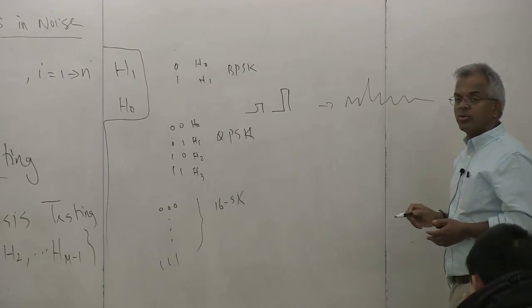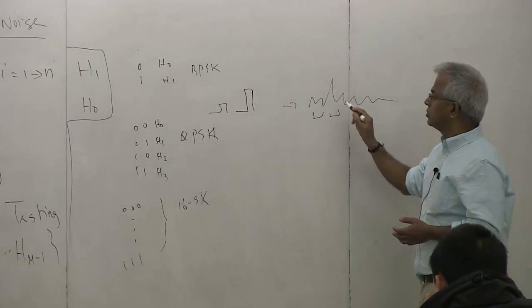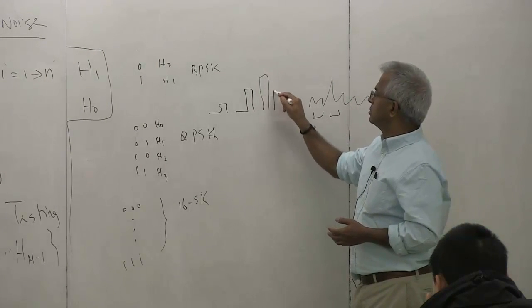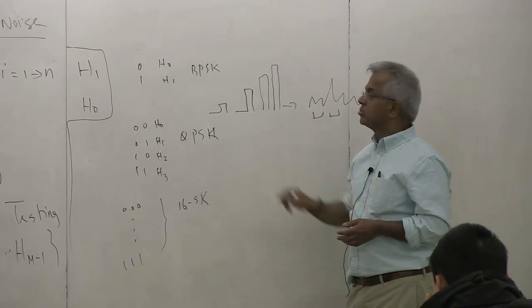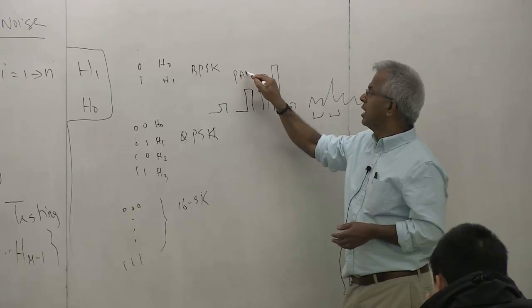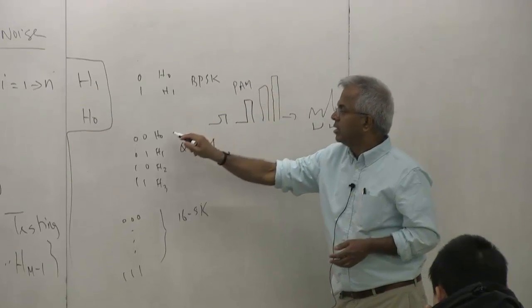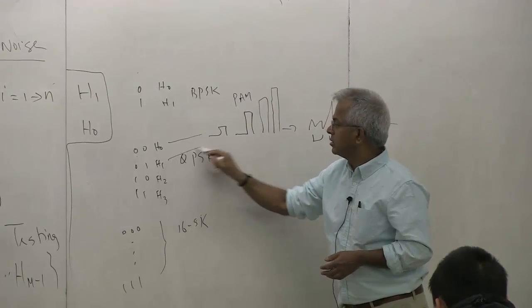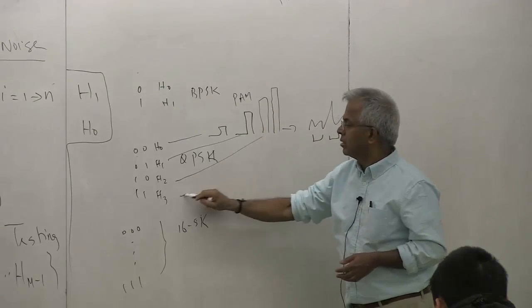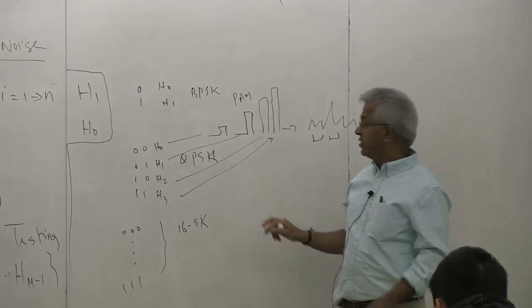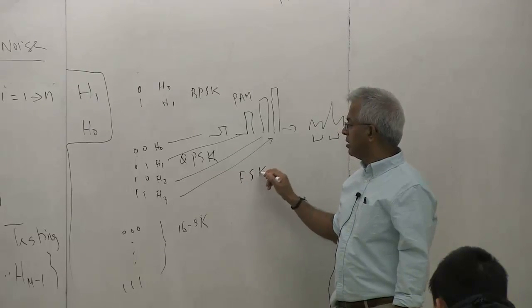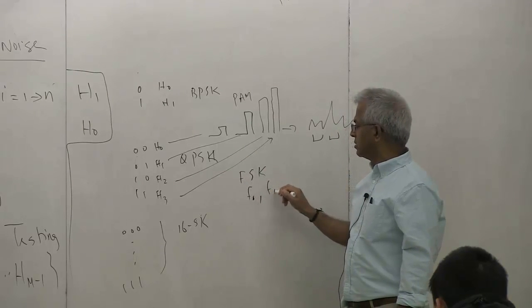So this is what you are going to see. From here you need to figure out which one it is. So this is PAM, pulse amplitude modulation. This goes here, this goes here. Or you can have FSK, frequency shift keying. You have 4 frequencies.